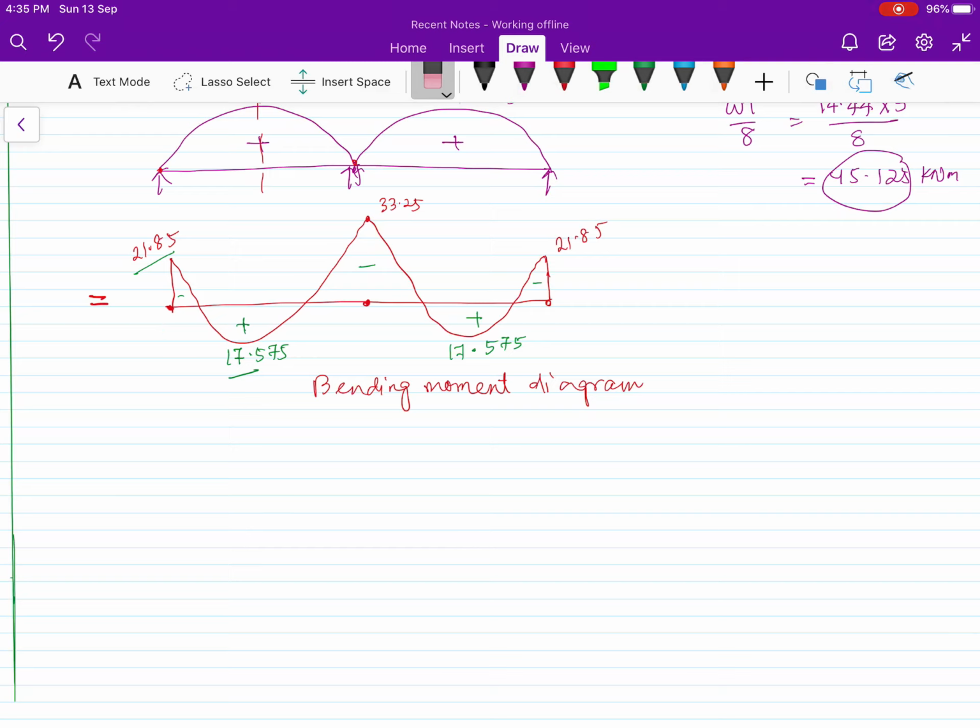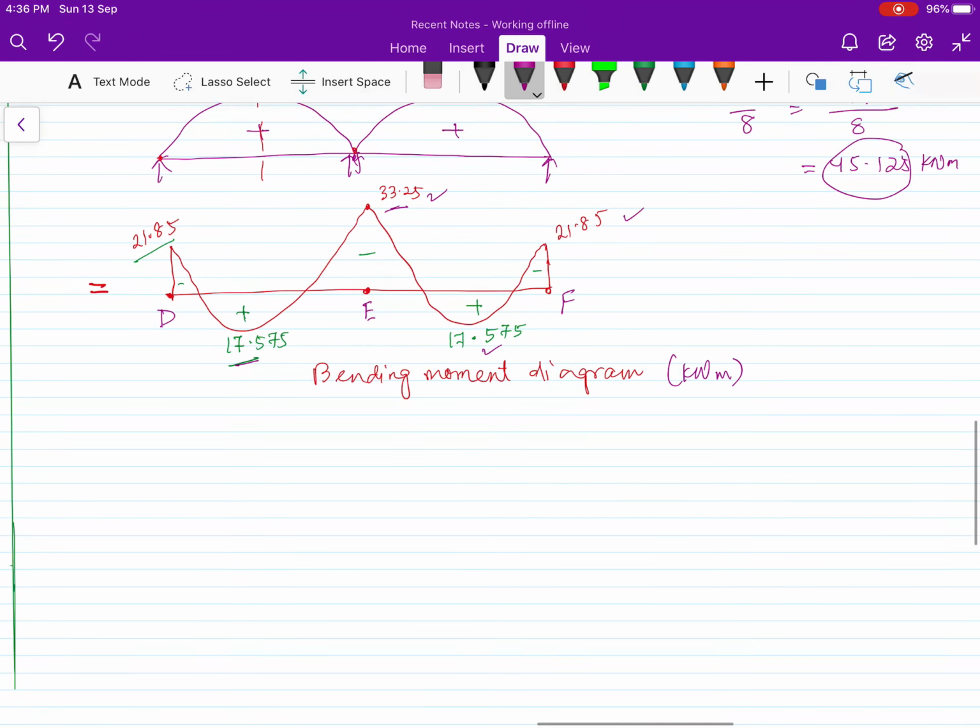If you are designing for this D and E beam, central moment 17.575, and at E or the left end 33.25. So you are going to design for these three moments for DE. For EF, you have to consider right end 33.25, center 17.57 and 21.85. All the moments are in kilonewton meter. These moments we have to consider for designing, which we will do in next part.